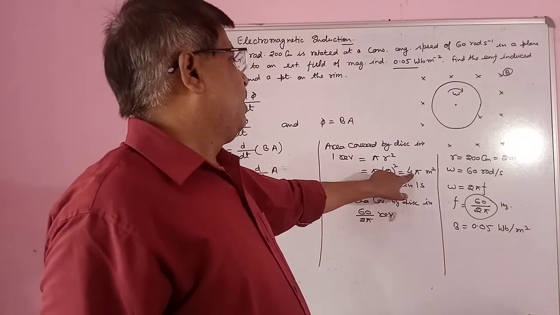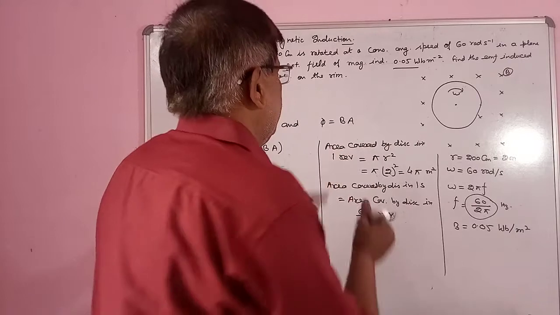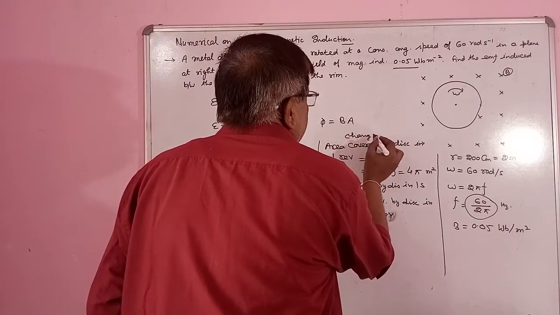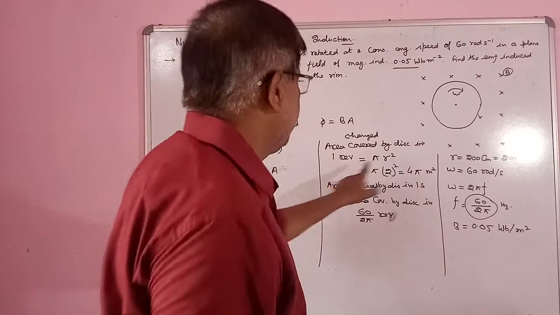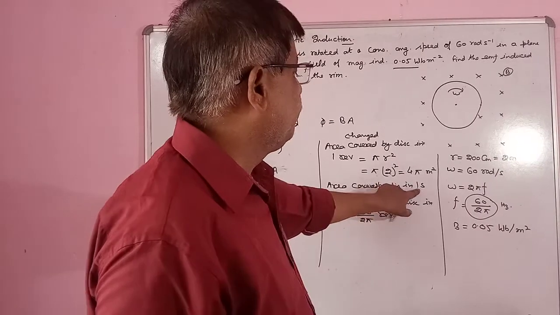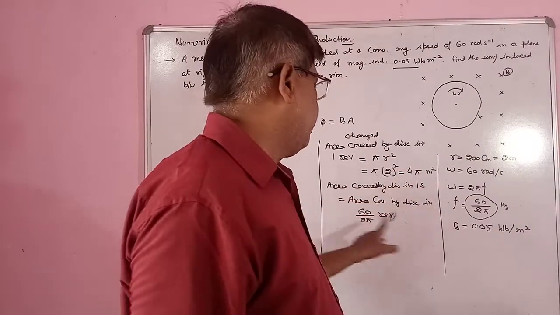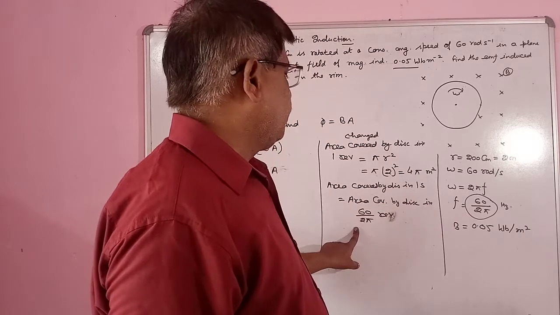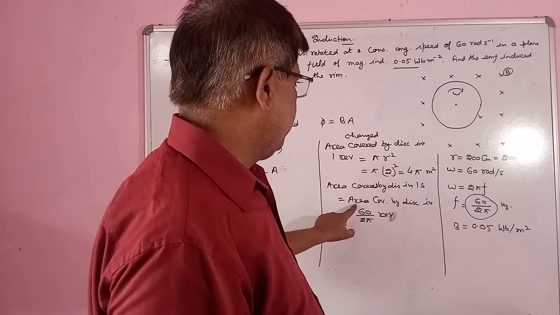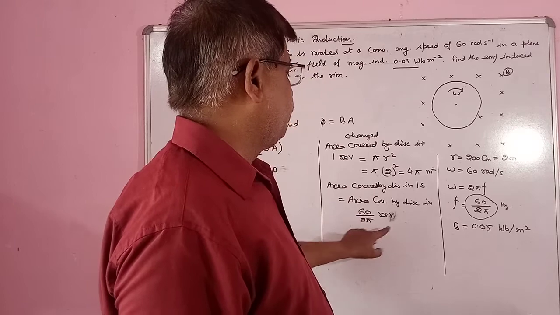This is the area changed by the disc in one revolution, and this is the area covered by the disc in 1 second. In 1 second, how many revolutions does it make? It is making 60 upon 2 pi revolutions in 1 second. So we can write the area covered by the disc in 60 upon 2 pi revolutions.